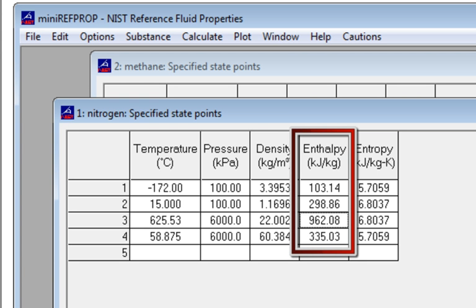But this value of enthalpy is pretty good. So if you can, write down these values of enthalpy. 103 going in, 299 coming out, 962 coming out of the compressor.